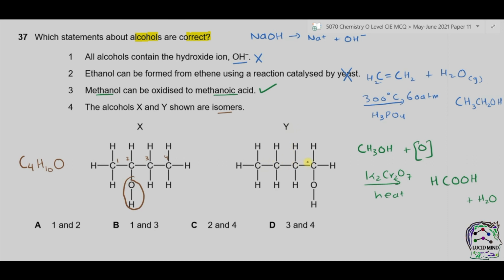In Y we have 4 carbon atoms, 10 hydrogen atoms, 1 oxygen atom, and in this one OH is connected with the first carbon atom. So as we can see the formula is the same, structures are different, so therefore this one is also true. Correct answer is part D.